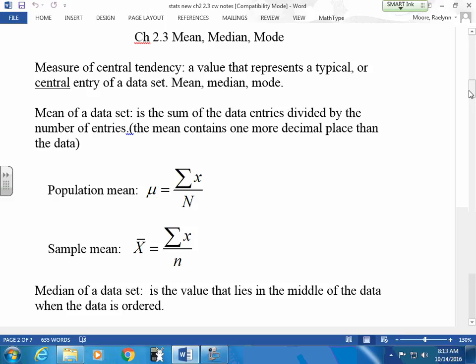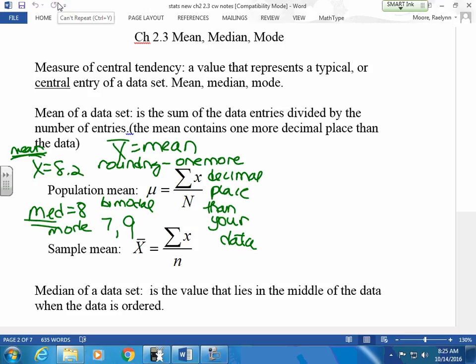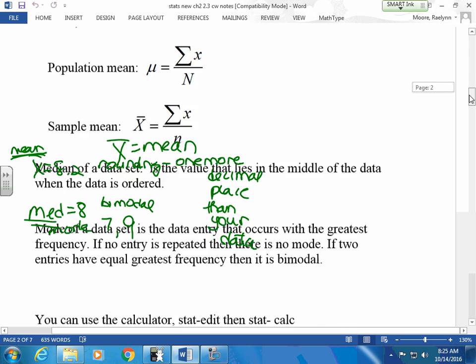So if you just take a look at this for a second, I like to use the calculator for this. Since we have these calculators available to us, we use the calculator.